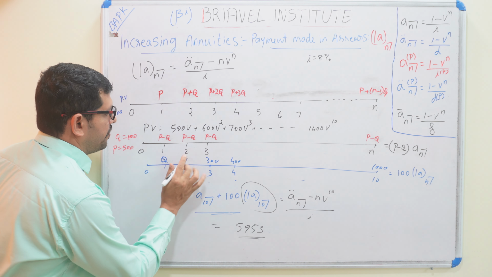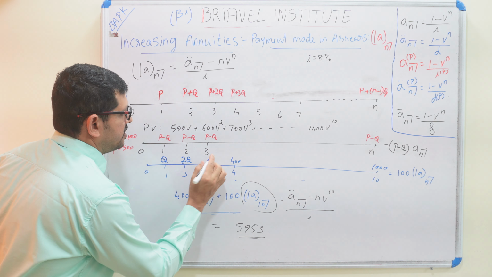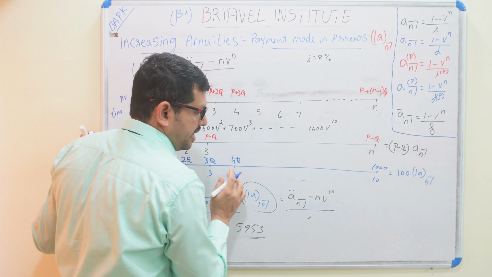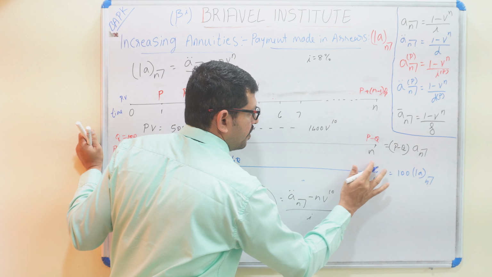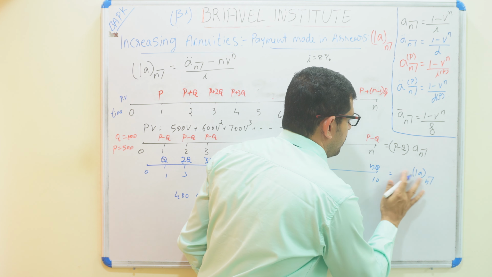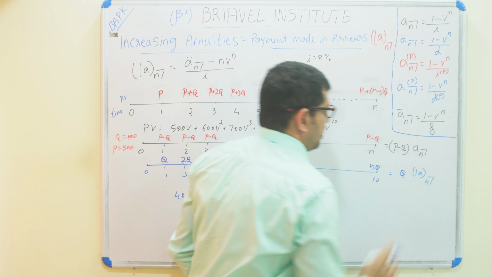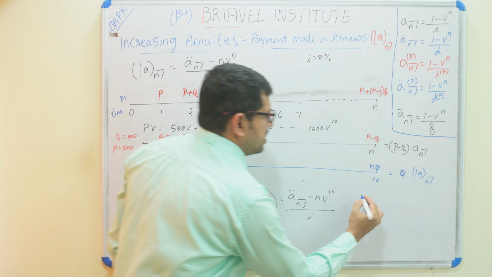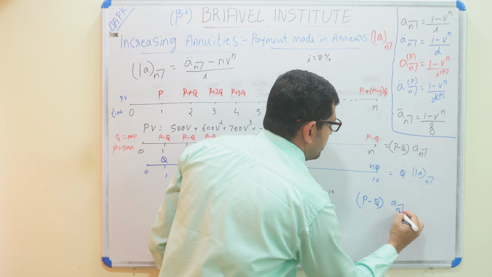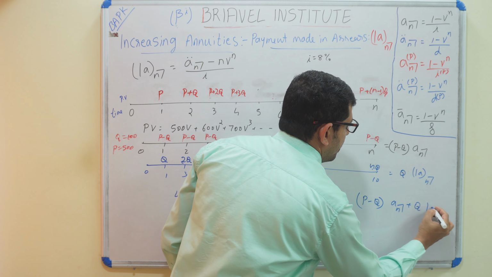Q, this is 2Q, and this is 3Q, 4Q. It is going like that up to NQ. So this we write as Q IAN. Now you see, the formula is equal to (P minus Q) AN plus Q IAN.